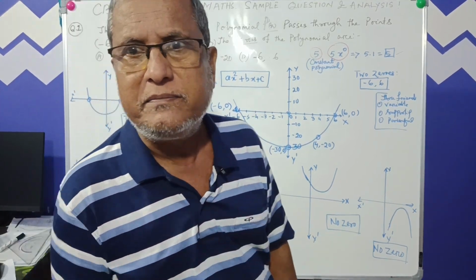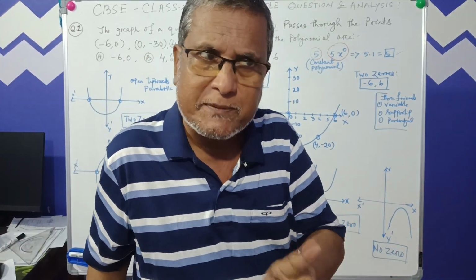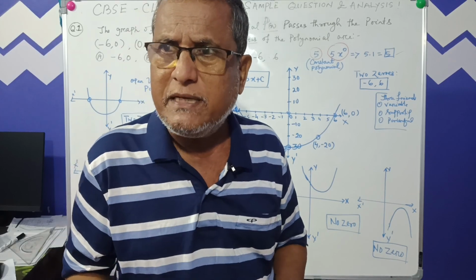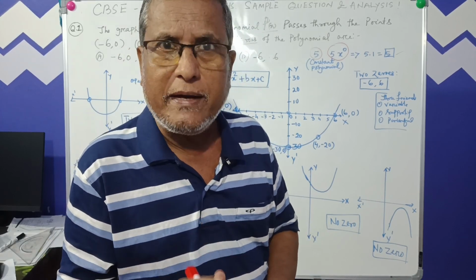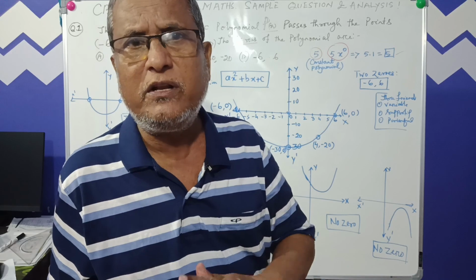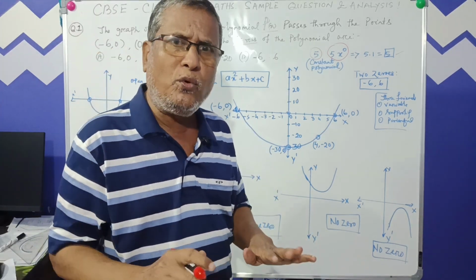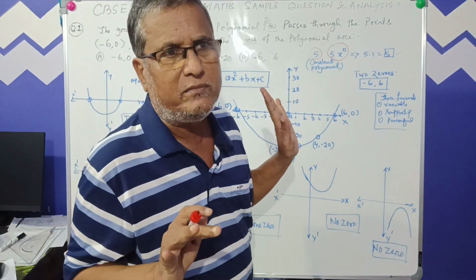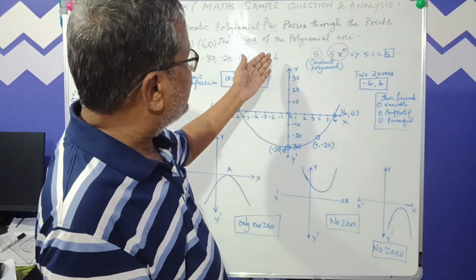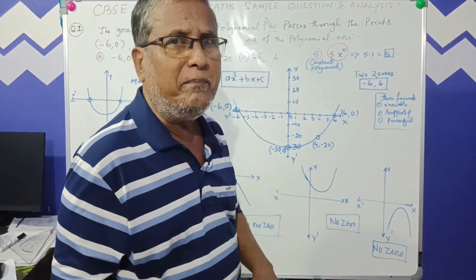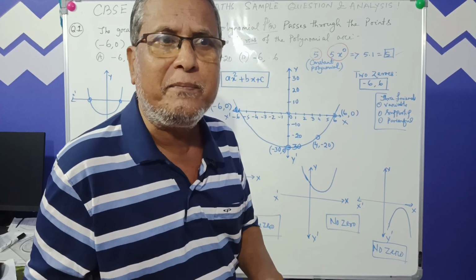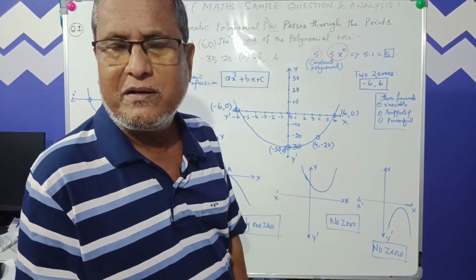This is very important. One is the algebraic expression, another is the geometrical or graphical representation. There are two kinds of representation of a polynomial. Here the question has been developed based on the graphical representation of a polynomial.